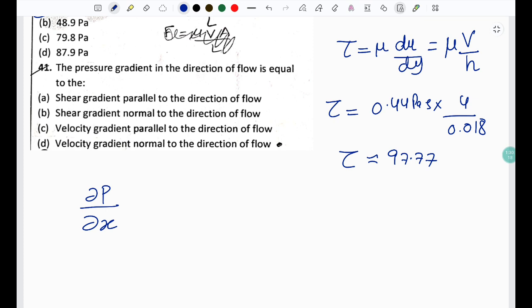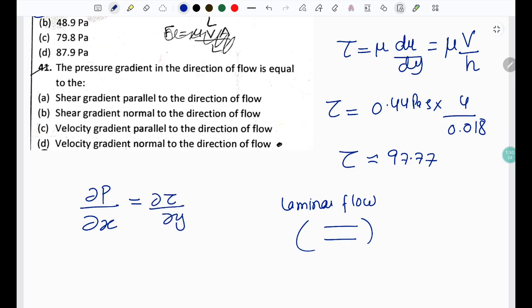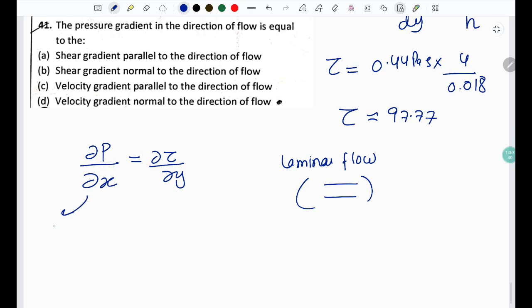So the concept behind this question is that for a steady, fully developed laminar flow between two parallel plates, the Navier-Stokes equations tell us that this pressure gradient del P by del X is equals to del tau by del Y, where this pressure gradient is parallel to direction of flow and the shear stress gradient is normal to the direction of flow.